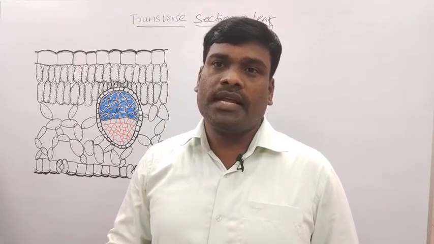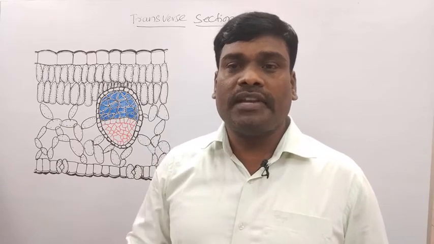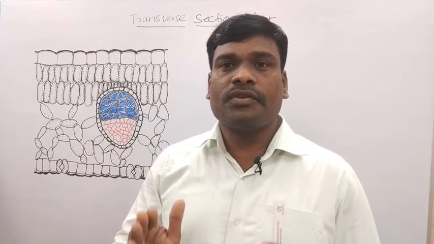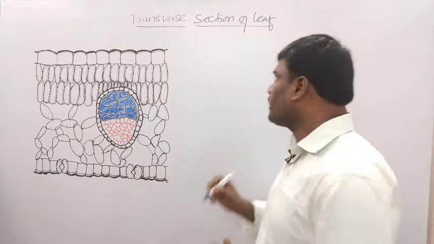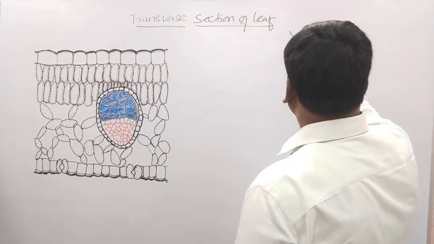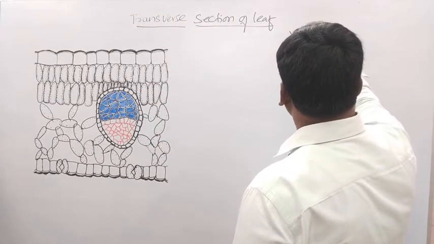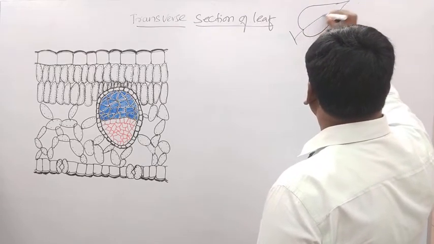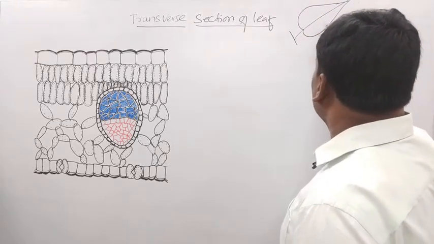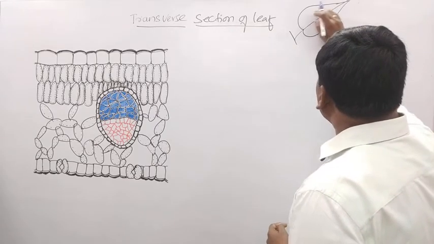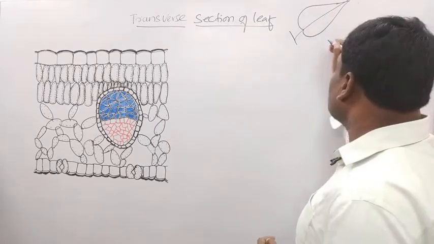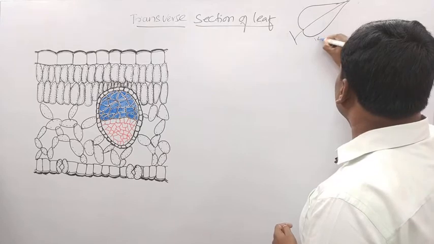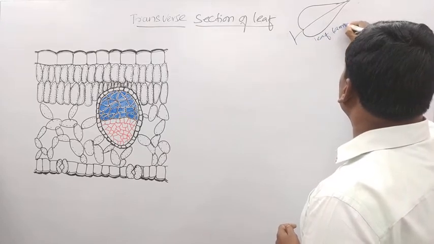Before going to study the transverse section of leaf, children, let us see the structure of leaf. Okay, so this is a leaf, children. The flat and broad structure of the leaf, we call it the leaf lamina.